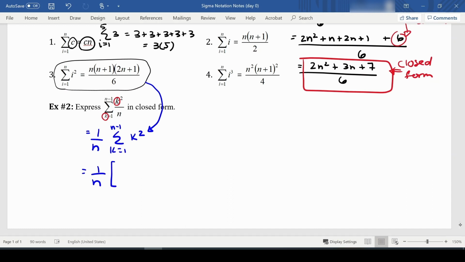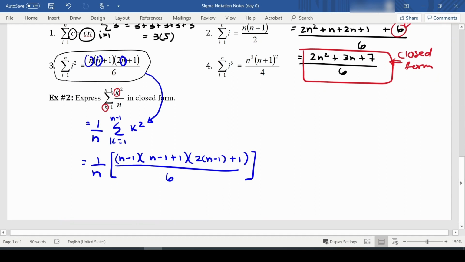So instead of having n, everywhere we have an n should be an n minus 1. If this was a 7, everywhere we have an n, we'd put a 7. Okay? Since it's an n minus 1, everywhere we have an n, we need to put an n minus 1. Okay, so we're going to have n minus 1 times n minus 1 plus 1 times 2 times n minus 1 plus 1 all over 6.